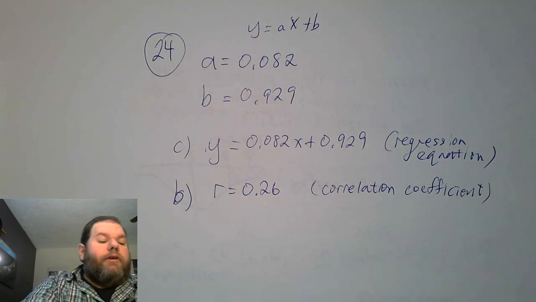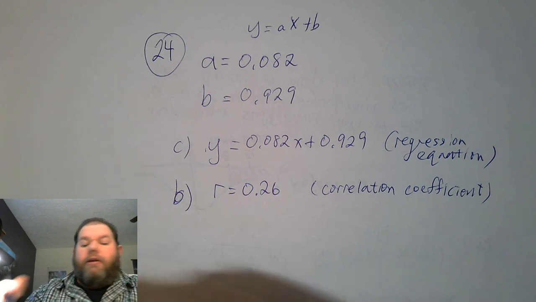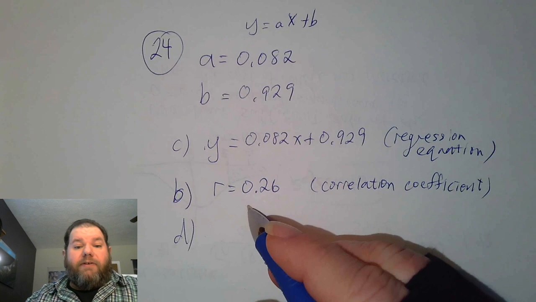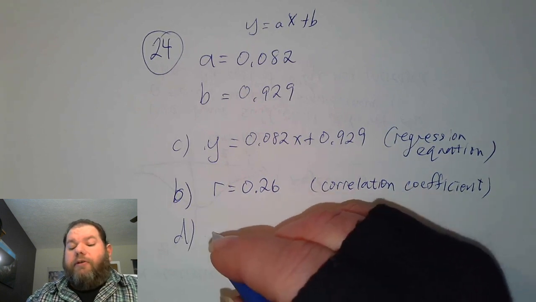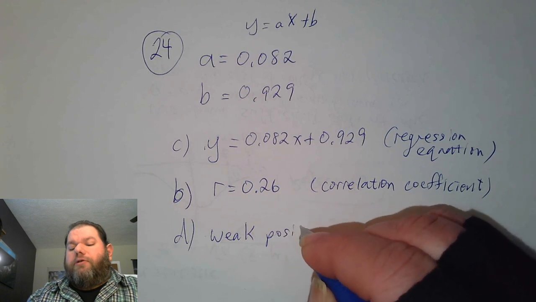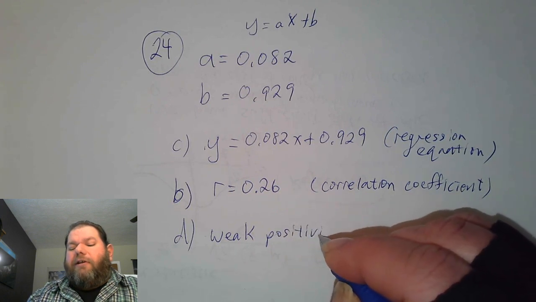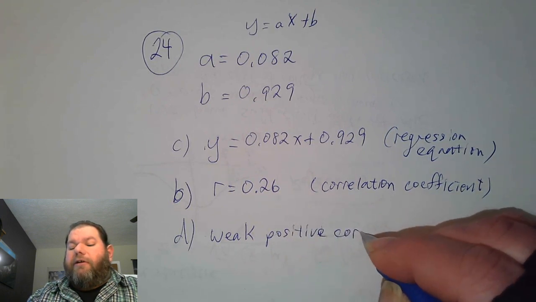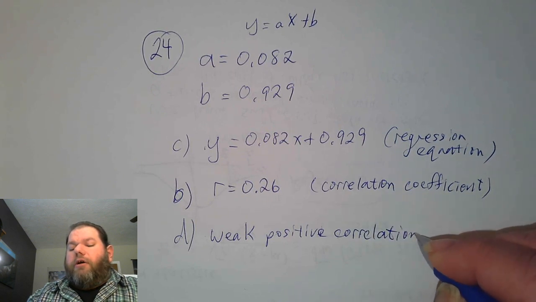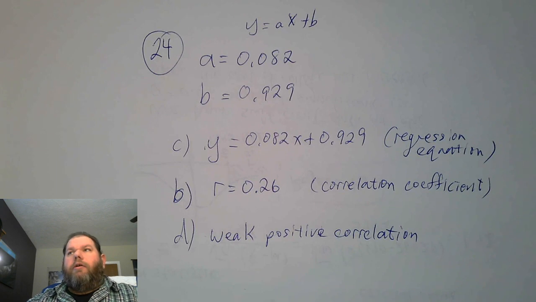And then, very last question, D, interpret your finding. Well, this is based on R. It's less than 0.3, so it's a weak positive correlation. Now, I did not include those values for weak or strong correlation values.